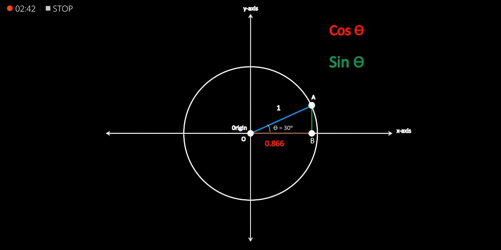And if we measure the length of green line as compared to the blue line, it would be equal to 0.5 units. As the red line is the representative line of cosine function, cos of 30 degree is equal to 0.866, which is the length of red line. And sine of 30 degree is equal to 0.5, which is the length of green line.